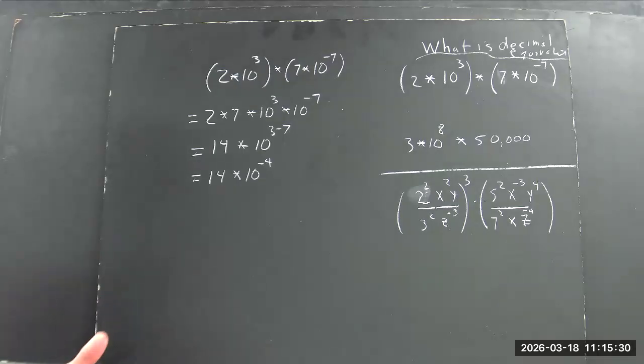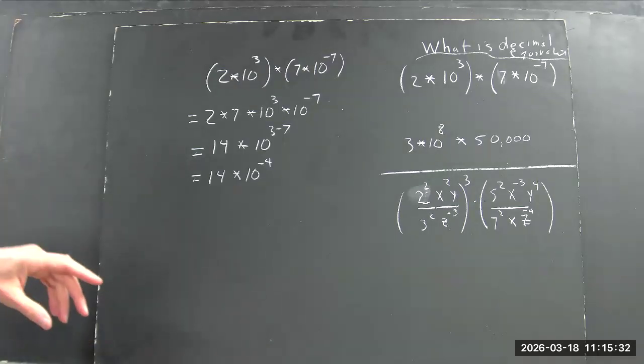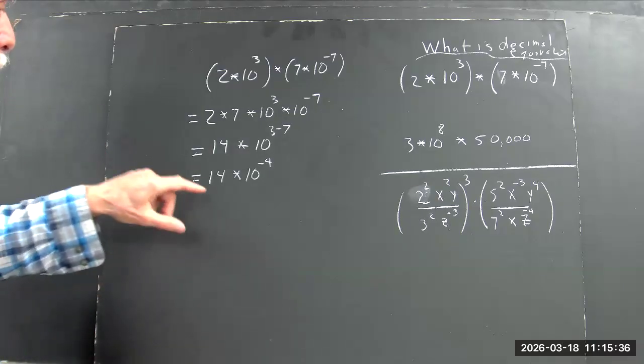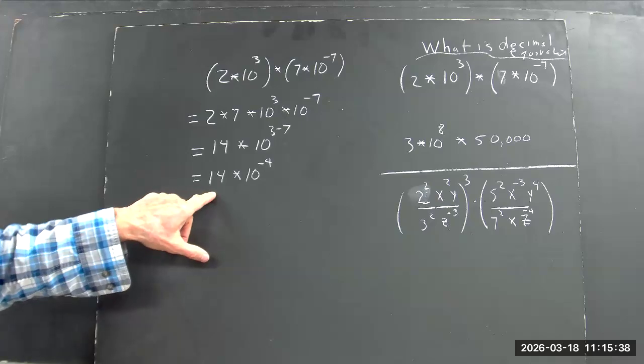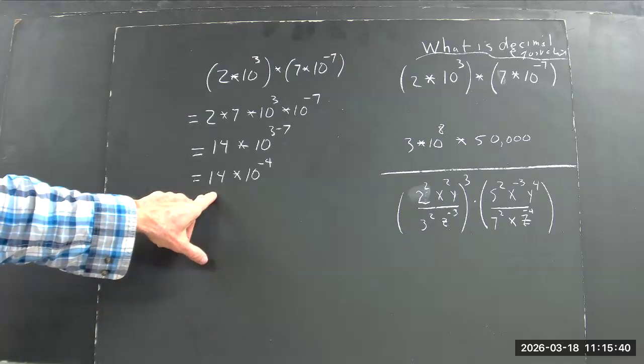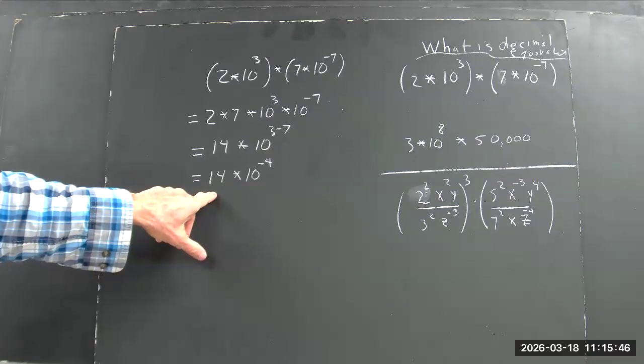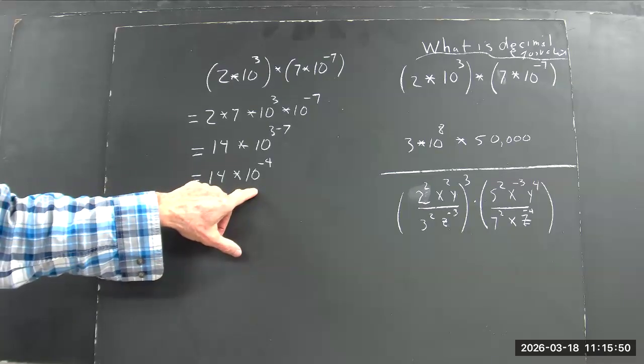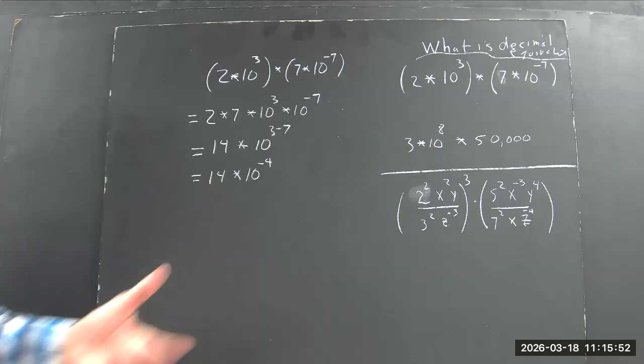It'd be a perfectly good answer. It's one that we can kind of relate to. But what we do is we make the convention that our first number has to be between 1 and 10, not including 10. It can't be 10. It can be 1, but it can't be 10. And then this number is whatever power you end up with when you do that.